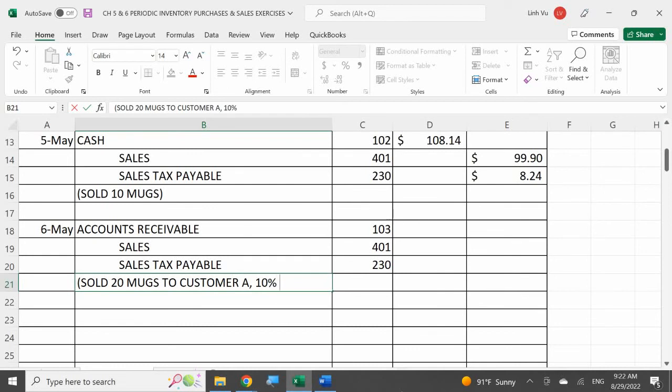So in this case, I'm going to address that I sold to a customer, customer A, and I'm going to give them a 10% discount if they pay within 10 days. If not, the entire bill is due in 30.